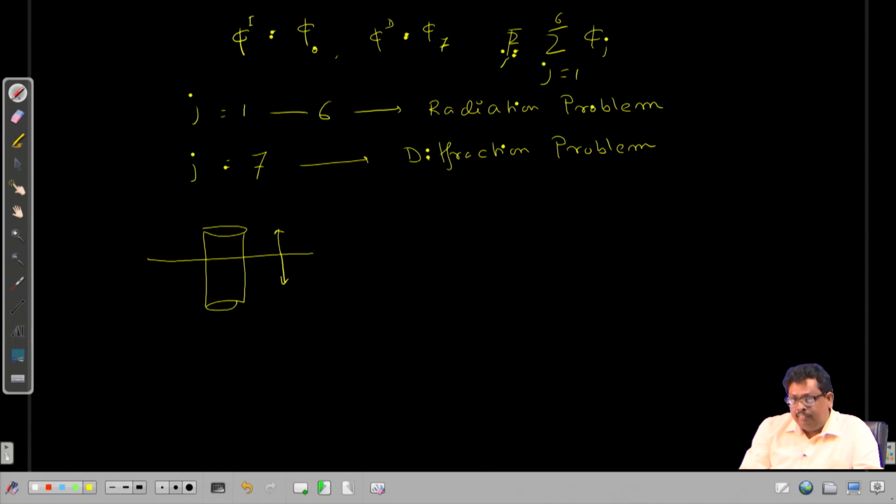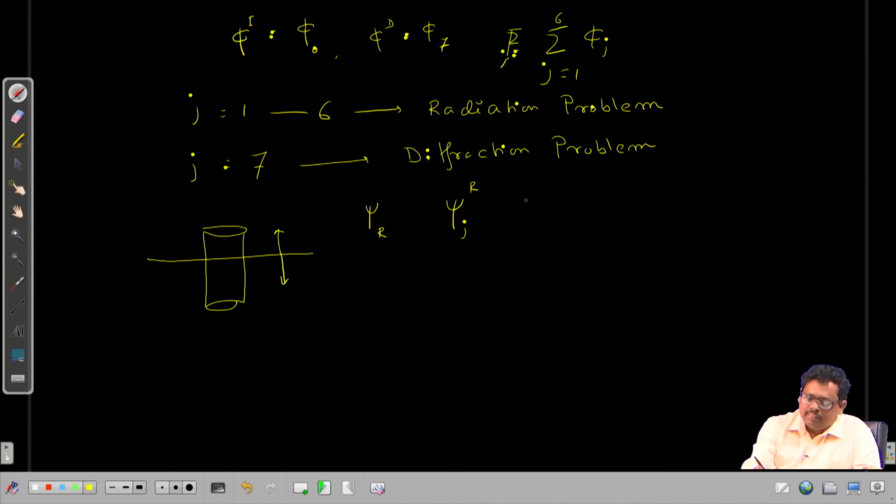Now, here, if you remember, I said that psi represents the velocity potential psi r, or I can just make it index j. So, the radiation potential for the jth mode is nothing but I oscillate the body with unit amplitude of motion.